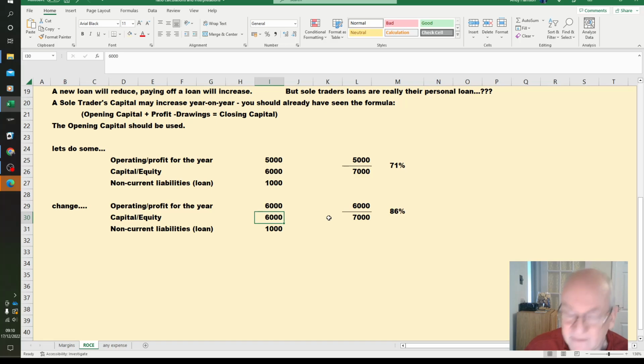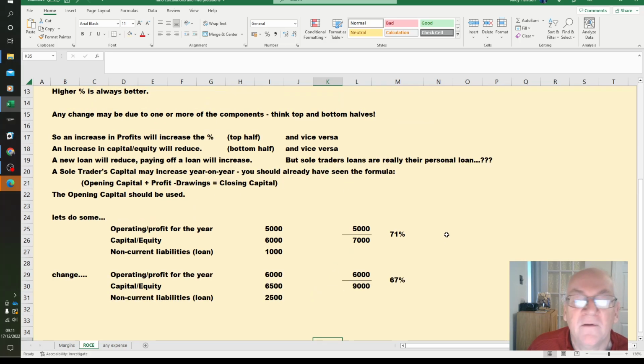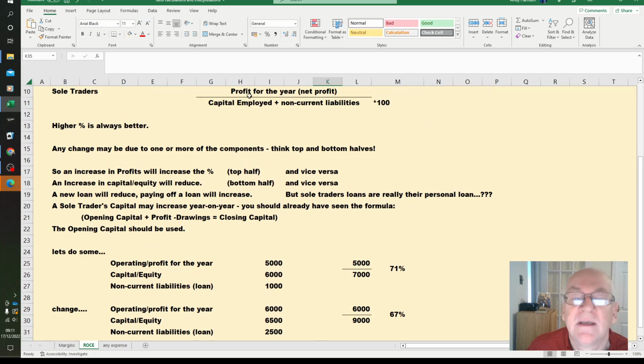If our capital had gone up, that would reduce it. If we pay off a loan, that increases it. Take out a new loan, reduces it. So think top half and bottom half, and you won't go far wrong on this. Analyse it. Think about the components of the formula.